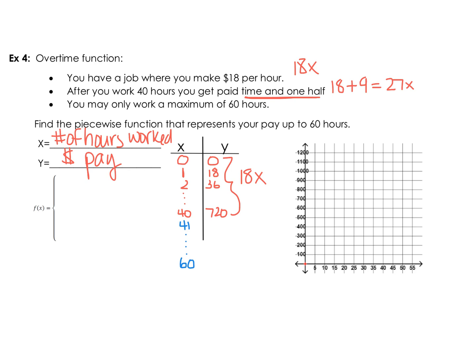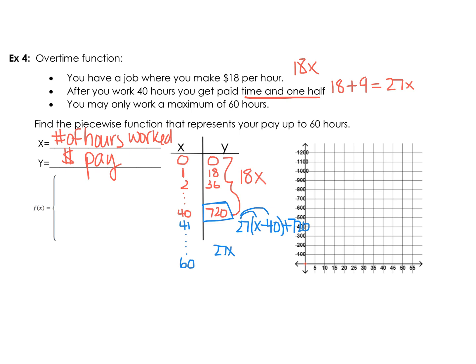Now, remember from the previous example, you want to do the time and a half, so $27 times, but we need to subtract out those 40 hours. The 40 hours you were only getting paid $18. Everything above the 40 hours, now you're going to get paid 27. So we need to do x minus 40 to see what above 40 hours we worked. And then you're always going to add this value, so the previous value gets added on to the end. Now we need to go ahead and simplify that. So we need to distribute the 27. So that's going to be 27x.